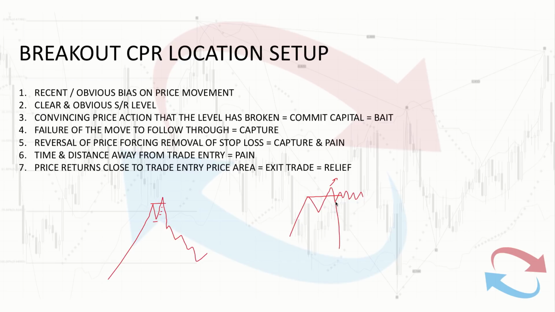And when prices go shockingly against them, that's when they will tend to remove their stops, hoping and praying that prices will come back to a level. So we observe the pain phase, and then if prices ever do come back into and around the level where we had a breakout, a failed breakout, right?